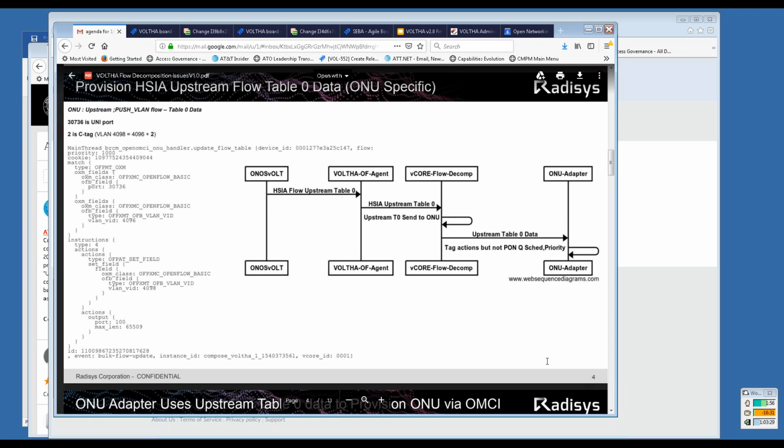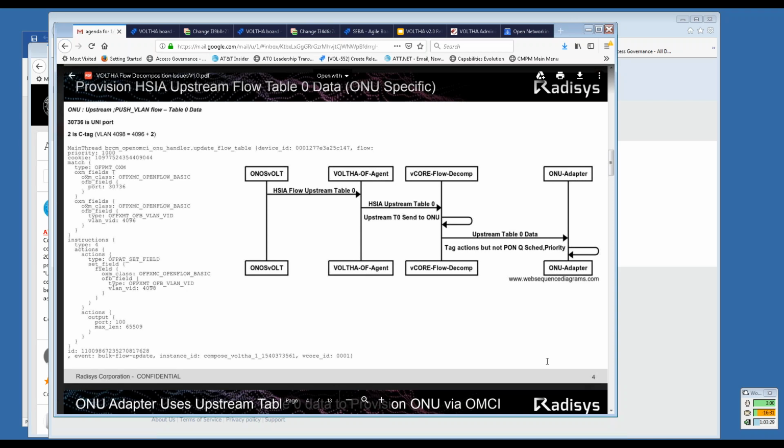So this slide is showing the provisioning of the high-speed internet access upstream flow table 0 data. This is the information that comes down in OpenFlow. The port 30736 is a uniport. CTAG is 2, which is transported as 4098, which is 4096 plus 2.